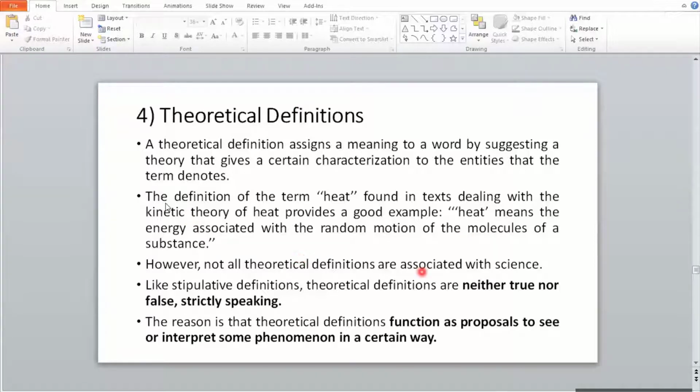So as I have told you, we cannot define all words by referring to theoretical definition, because there is a limitation even in science. Science does not cover all terms.